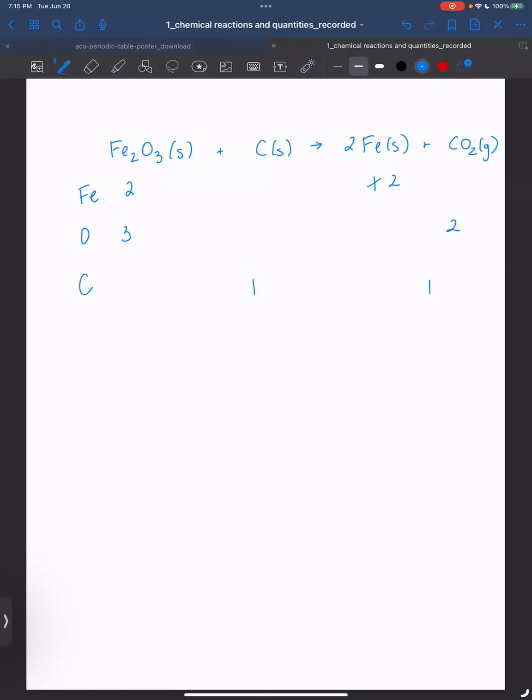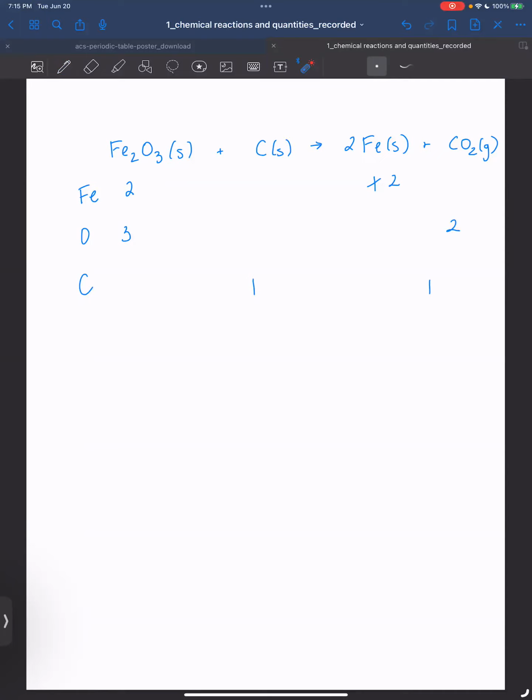But then what I noticed, this is where the tricks come in as you practice more and more. I noticed here I have 3 oxygens and 2 oxygens here. And the only way I can balance these oxygens is if I make a multiple of 3 and 2, which would be 6.